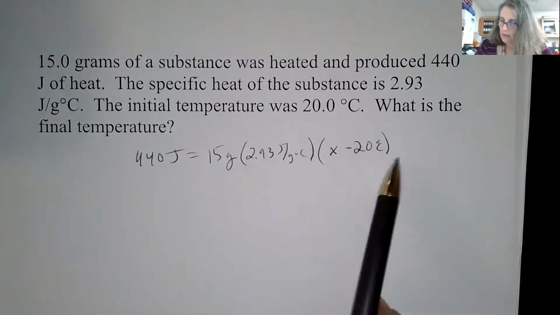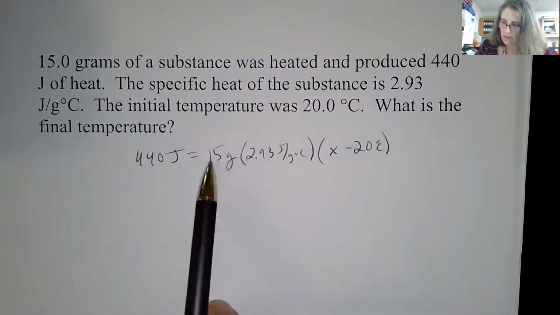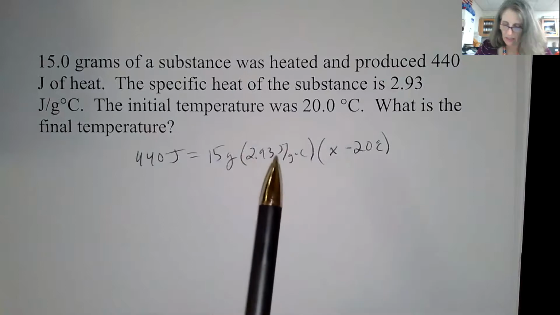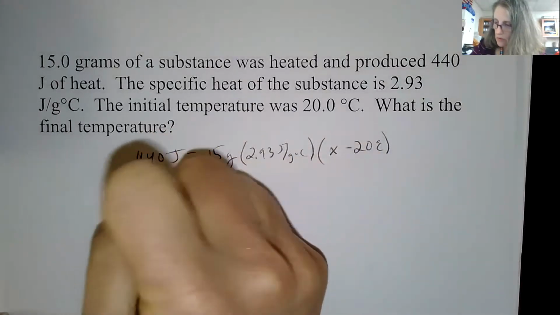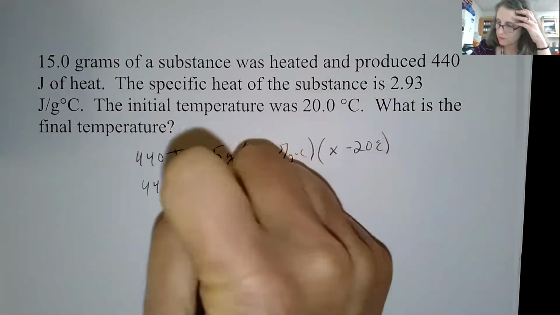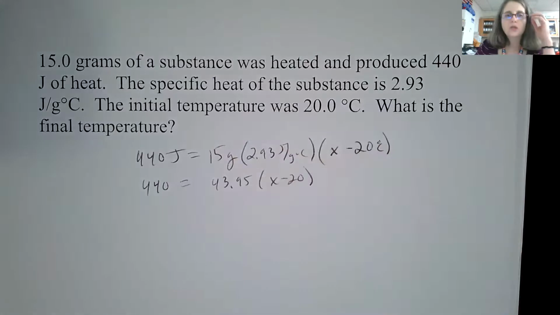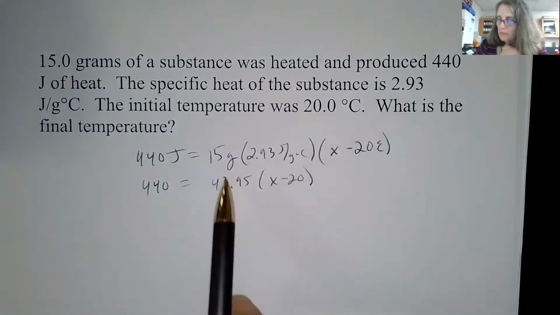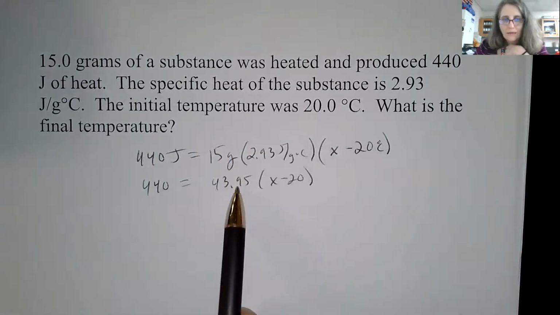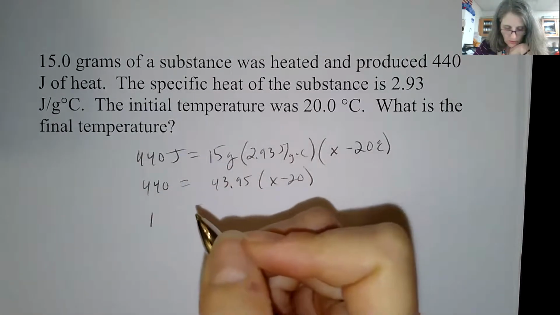So with this calculation, again, you're going to have 440, and then when you multiply this out, I'll do the math for you. 15 times 2.93 is about 43.95 times X minus 20. So I'm going to divide both sides by 43.95.